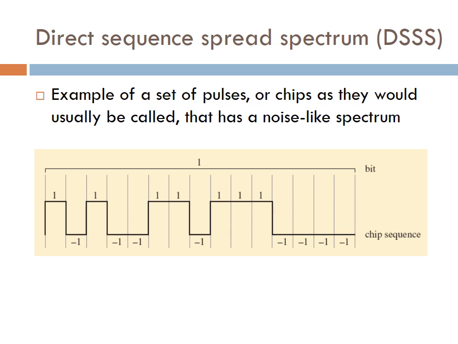The sequence is defined by a sequence of ones and minus ones. Hence, the sequence in the following figure can be represented as 1, -1, 1, -1, -1, 1, etc. This set of numbers is called a code, or a spreading code, because it spreads the spectrum of the original data. Many suitable codes can be devised.